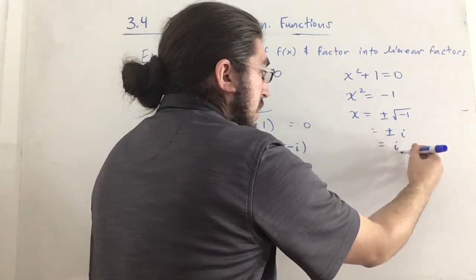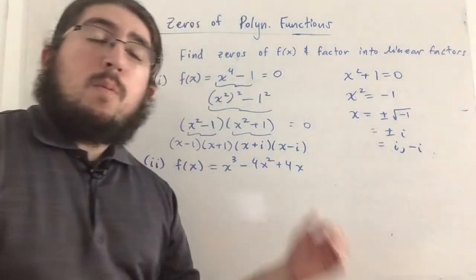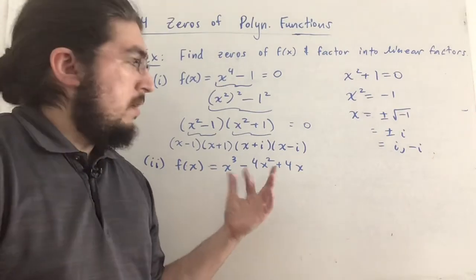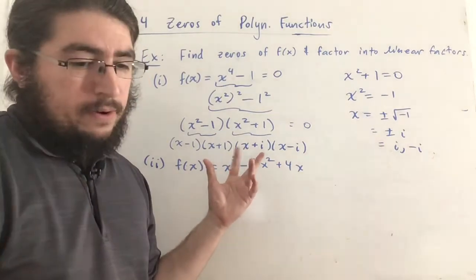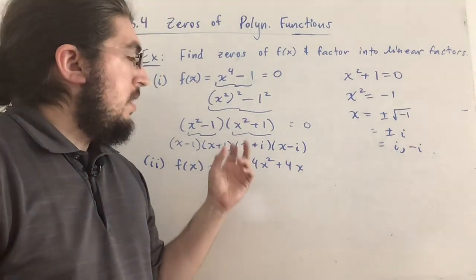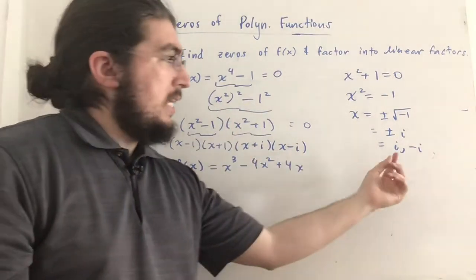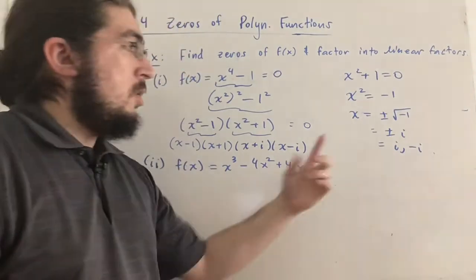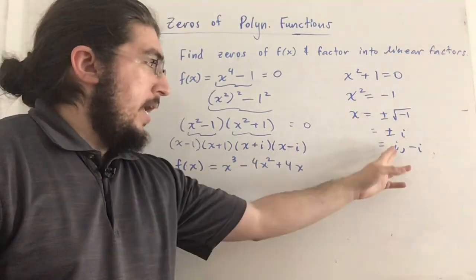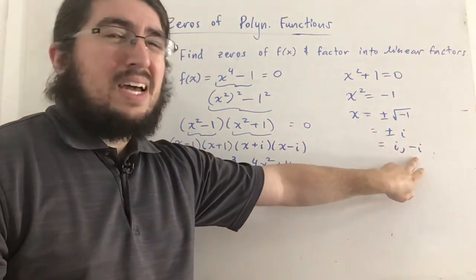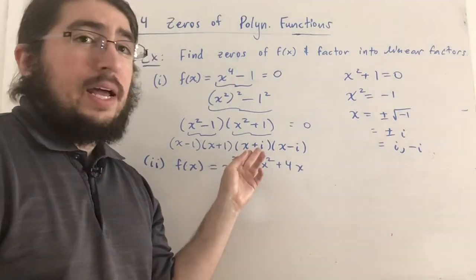So there are two cases here, i and negative i, and from what we saw from the linear factorization theorem, we can write a factor as x minus each of these zeros. So one of the factors will be x minus i, the other one will be x minus negative i, but notice double negatives make it x plus i.